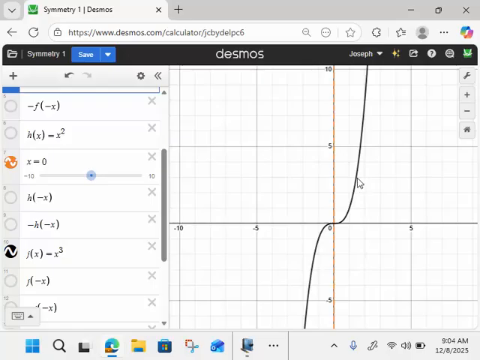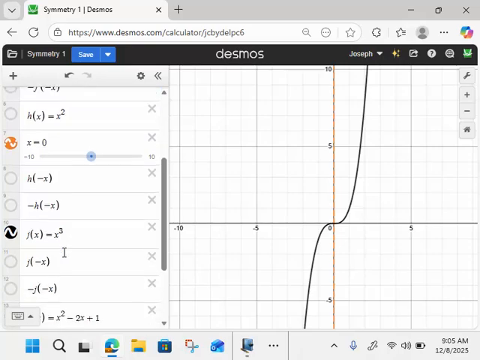So for any x, whatever y value you get, if you plug in the negative of that x, you get the negative y value. So this is called anti-symmetry. It's also called odd. And it happens whenever every term has x to an odd power. And you'll be able to see that soon.